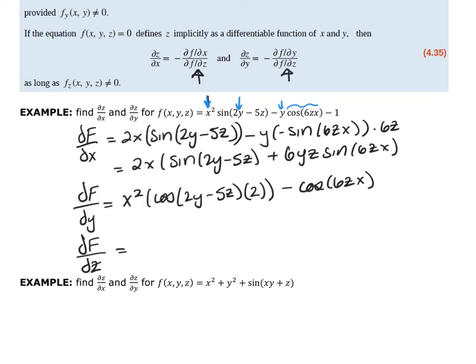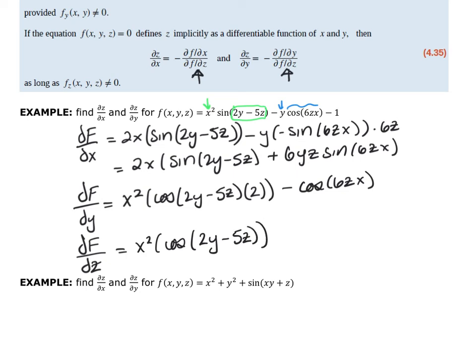And when I do that, and I look to see, okay, well, now as I look at this, the part that is the constant is going to be this part, because this is where my angle is. So the derivative of sine is going to be cosine, so it's going to be x squared, the cosine of 2y minus 5z.